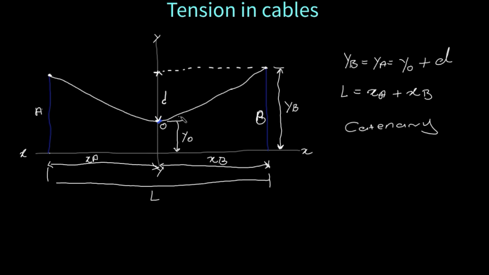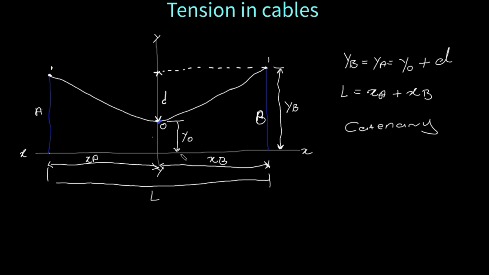But the conditions are that this cable must be perfectly flexible and uniform, meaning the cross-sectional area of the cable must be the same along its length. And it must also be carrying its own weight only. If you add a load on this cable, the shape is no longer going to be a catenary. But if you just hang the cable and let it sag under its own weight, then the shape formed is going to be a catenary.